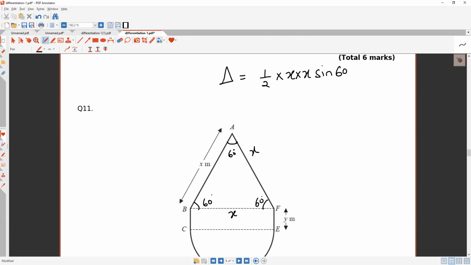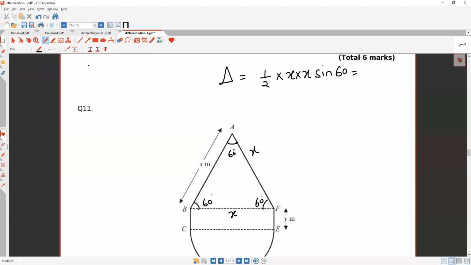This is of the triangle. So what is it going to be? Sin 60, what is it on the calculator? 0.866. Yes, but I want an exact value. There is supposed to be an exact value. Some of your calculators will give exact values. Give me an exact value.